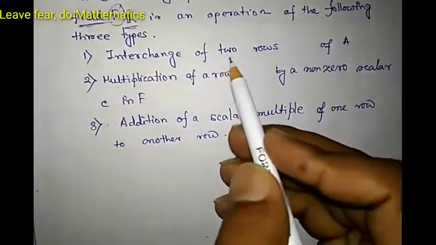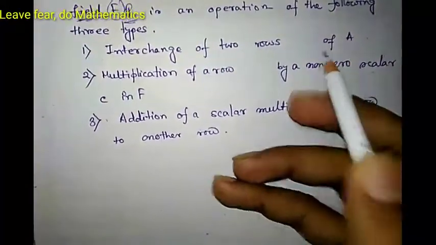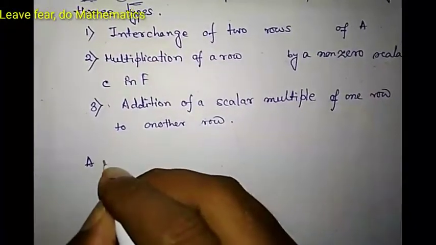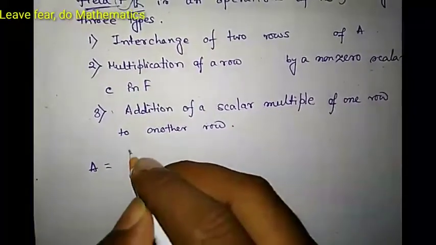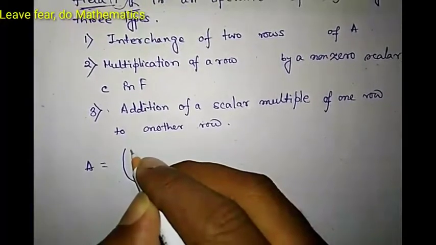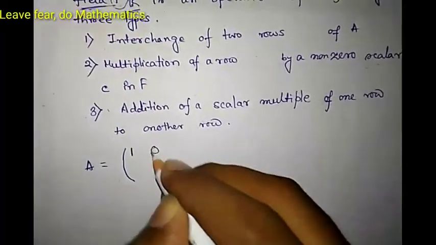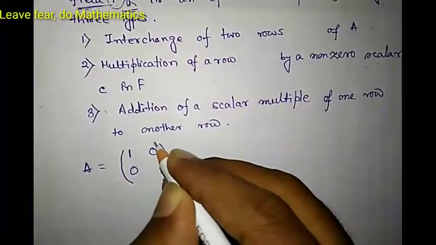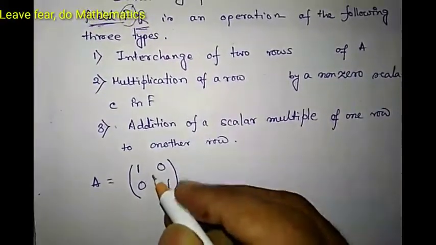Now, interchange of two rows of A. Let us take a matrix A. I have told you that our field is real numbers, so we will take the entries from real numbers. 1 is a real number, 0 is a real number. Here I cannot take the complex number i, because that is not from the set of real numbers.